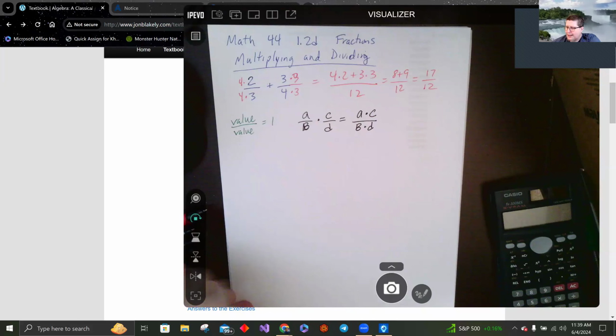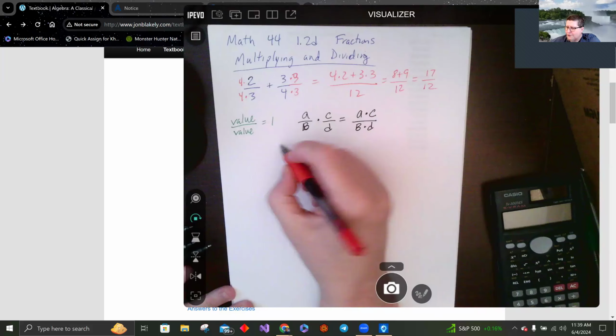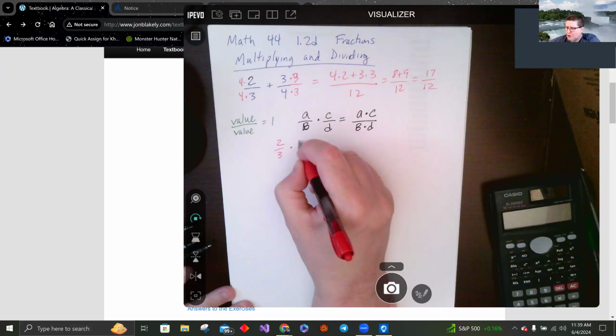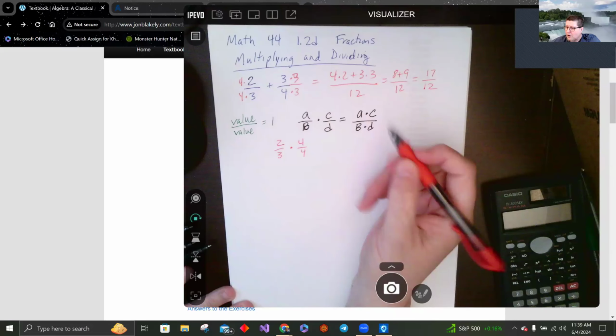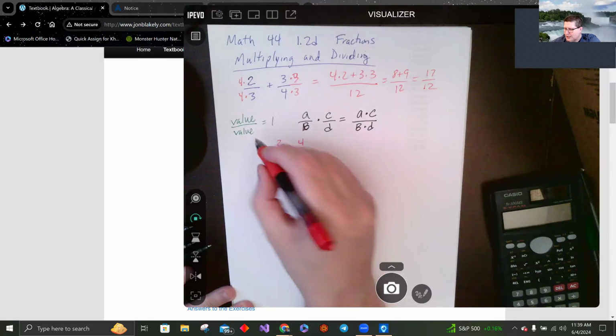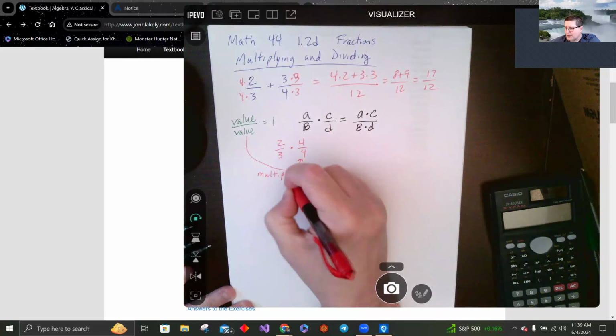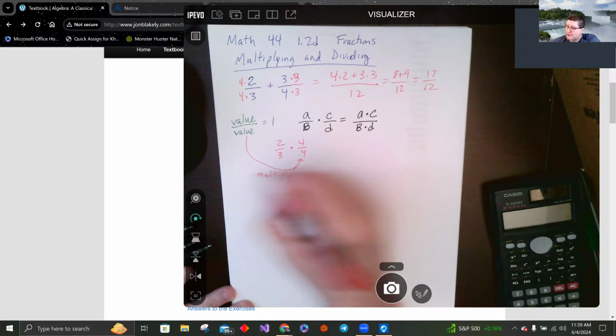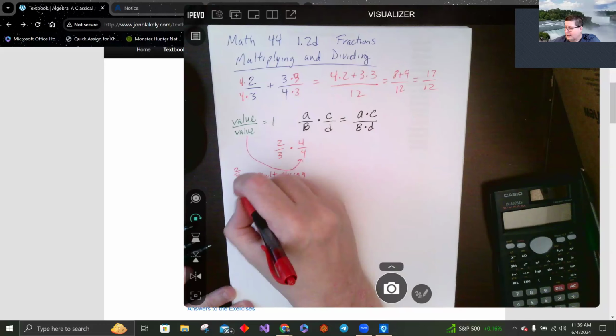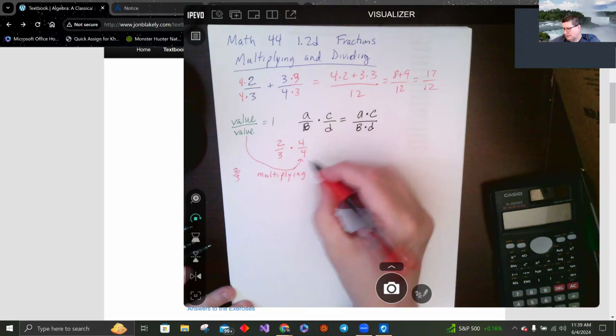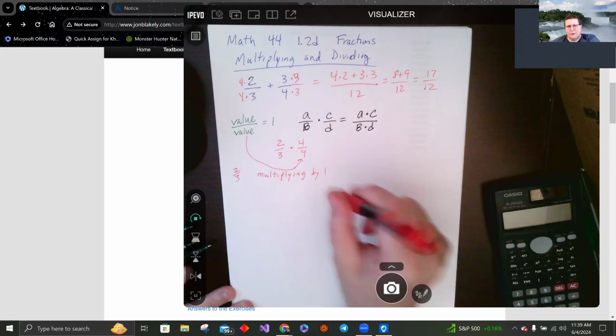So what I was doing here was I was doing 2 over 3 times 4 over 4. Well, 4 over 4 is multiplying by 1. What I'm doing is multiplying 2/3 by 1.